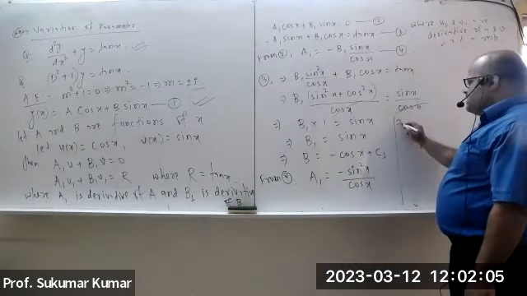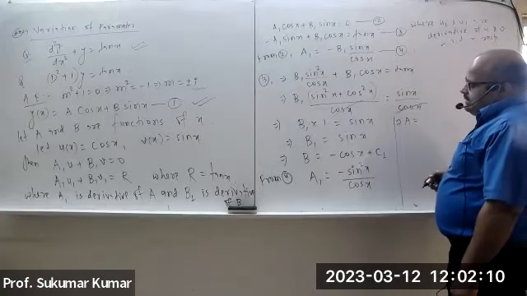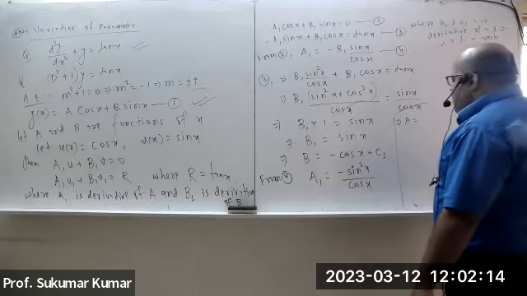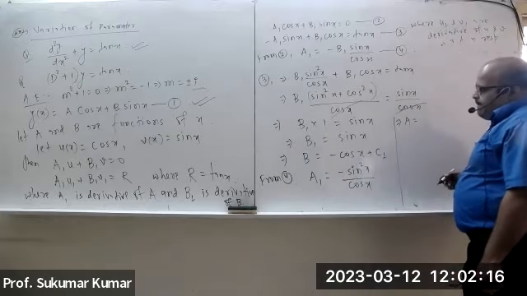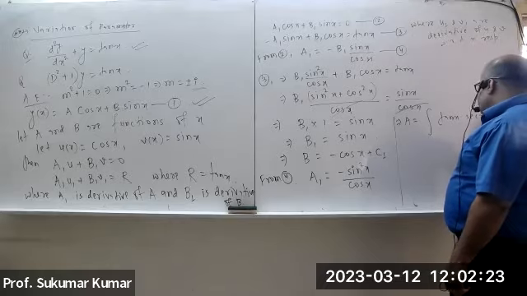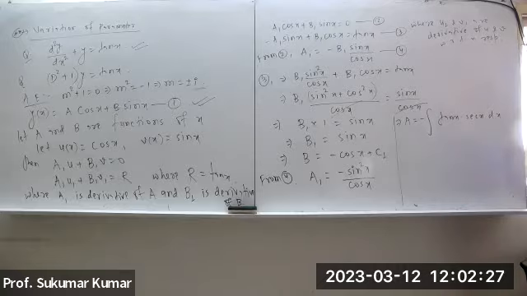We will do integration, then A equal to like that will come. Sin by cos is tan x, sin x will come now.